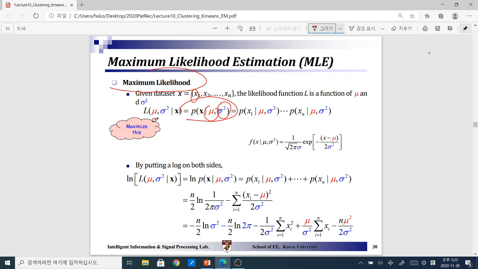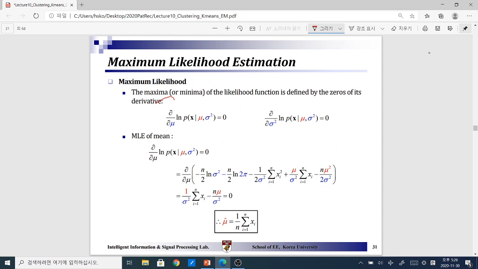Therefore, for n samples, the joint probability of the likelihood for all of the samples can be described by a product of the individual marginal probabilities for each sample. Then you put a natural log on the likelihood, and the natural log of that gives you this.